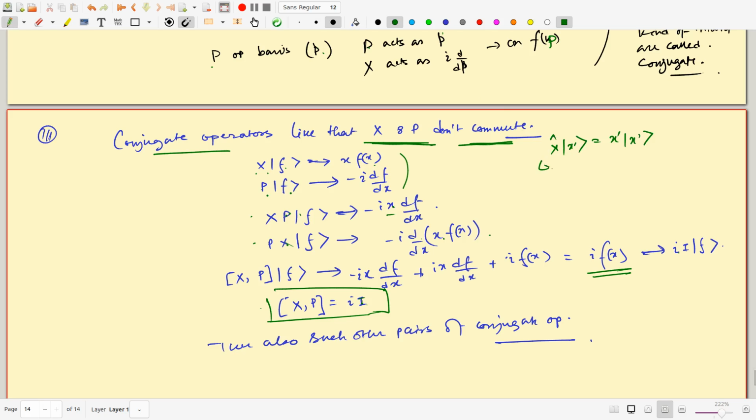Then I tried to construct an arbitrary operator d/dx, and we realized it's not Hermitian, so we made it Hermitian by making it minus i d/dx. Then I call this operator p, and this operator has its own eigenkets.